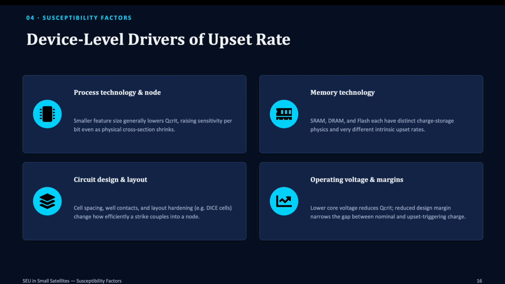For operating voltages and margins, the lower the core voltage, the lower the critical charge, which reduces the design margin and narrows the gap between the nominal and the upset triggering charge. So for these device level drivers, shrinking the node does not uniformly help. It lowers the critical charge, but that often outweighs the smaller physical target.